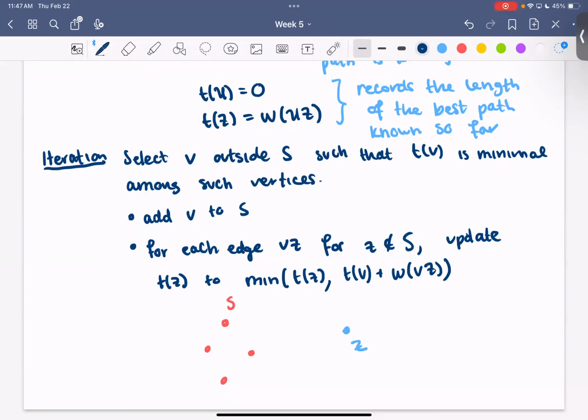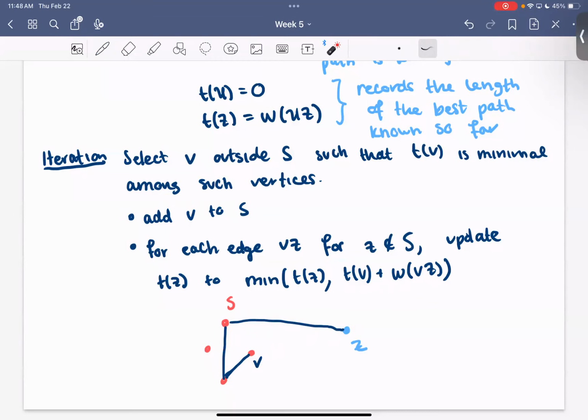And maybe the best path known to us so far went like this, but now we've added an additional vertex to S, which is V. And we know how to get the shortest way to get to V. So potentially there's a faster way to get to this vertex Z by first going to V and then going to Z. And that's what this minimum is going to record. We'll compare the old known best path to the one that goes to V and then from V to Z.